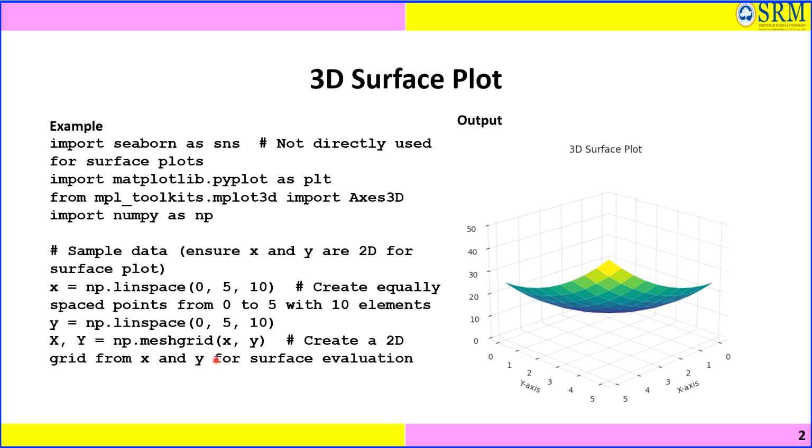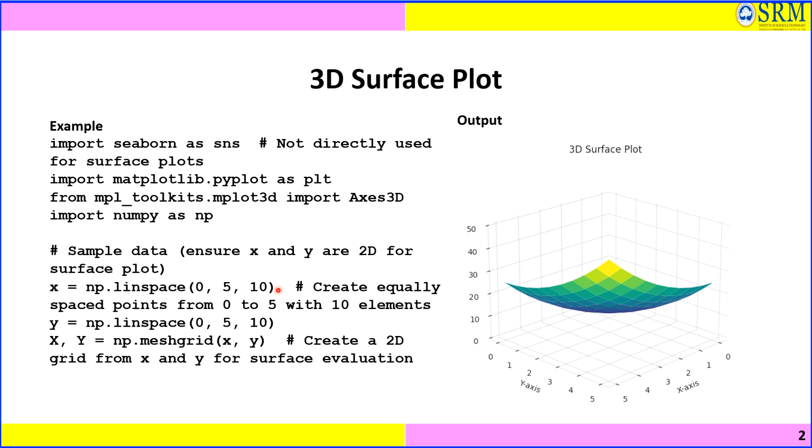Now in the third line you can see x, y = np.meshgrid(x, y). What will it generate? This is a single dimensional value, and this is also a single dimensional value. When you write meshgrid, the single dimensional values will be converted to 2D, and a 2D grid will be generated.